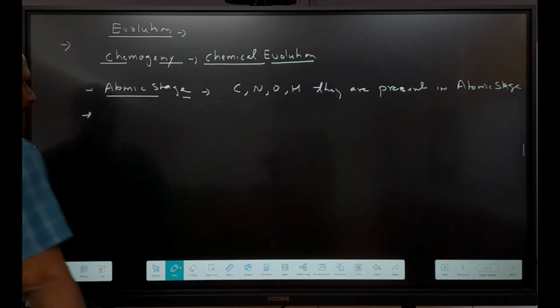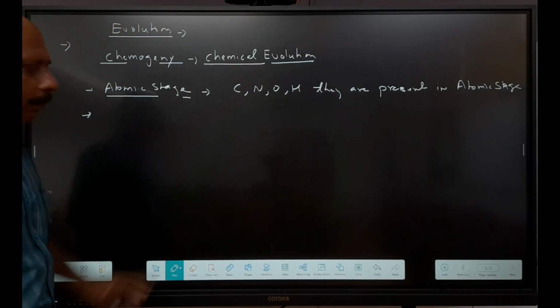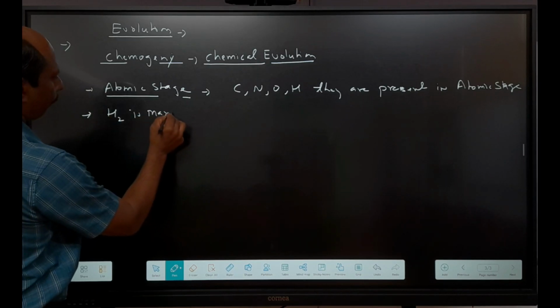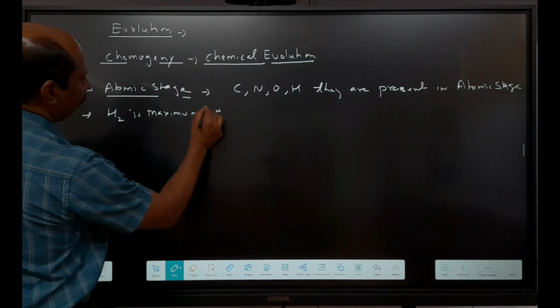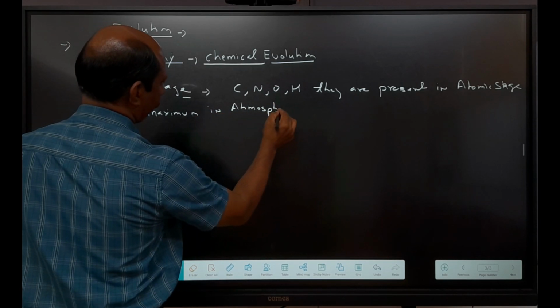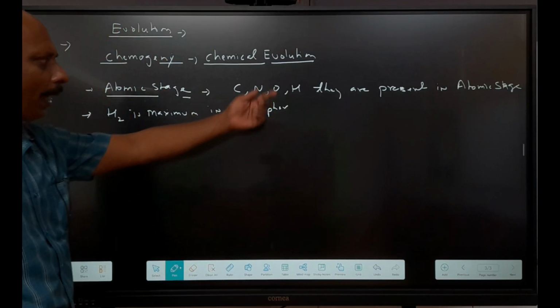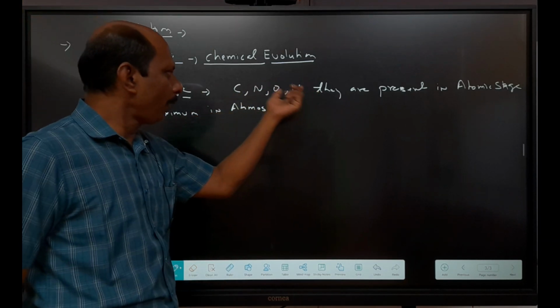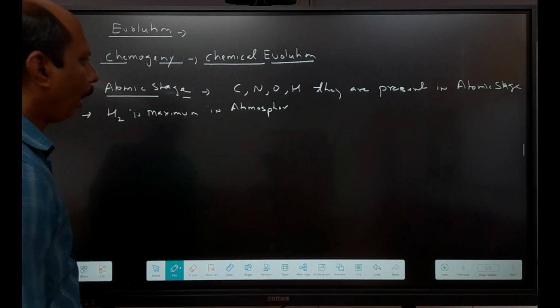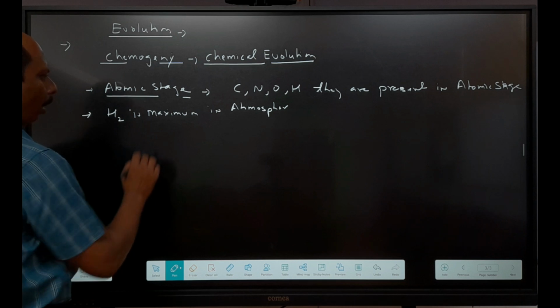Then what happens? Look here, hydrogen is maximum. Here, H2 is maximum in the atmosphere. Now it binds with carbon, it binds with nitrogen, and it binds with oxygen.